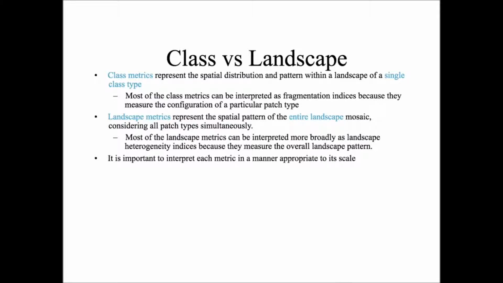Whereas landscape metrics represent the spatial pattern of the entire landscape mosaic, all of the classes simultaneously. So most landscape metrics can be interpreted more broadly as landscape heterogeneity indices because they measure the overall landscape pattern. It's important to interpret each metric in a manner that's appropriate to its scale and the question that you're addressing.